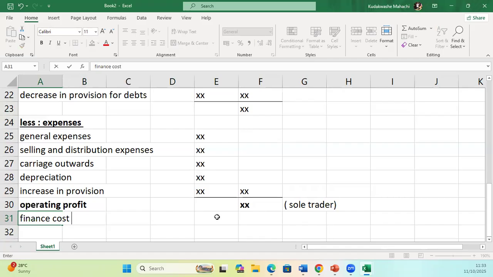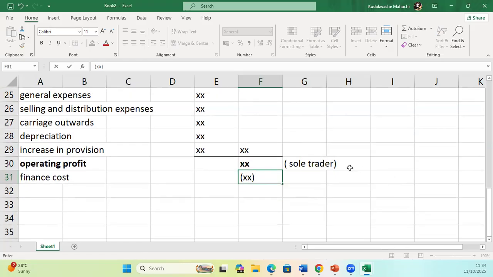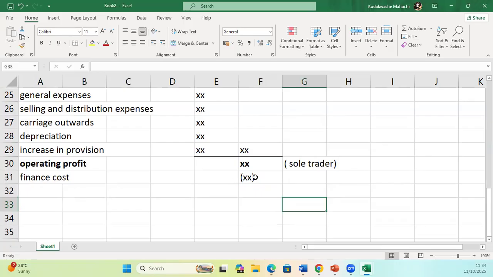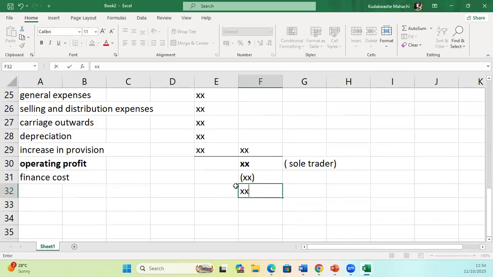If the company received a loan and they are paying interest, the interest on that loan is a finance cost. It is deducted from the operating profit.